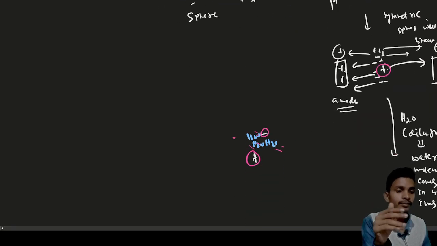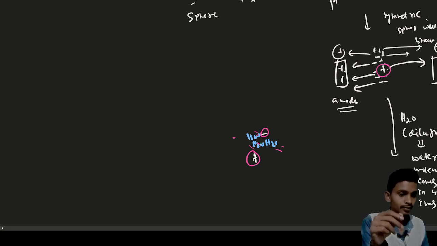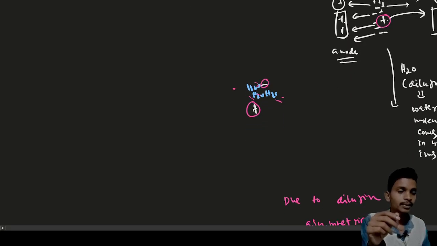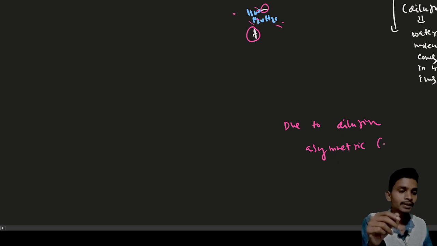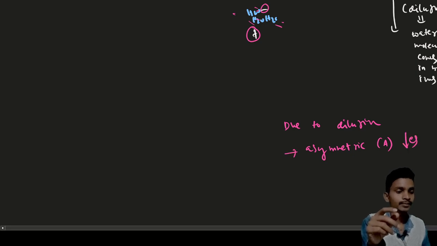So on dilution, the asymmetric effect created by the current decreases. This asymmetric effect is represented by A.